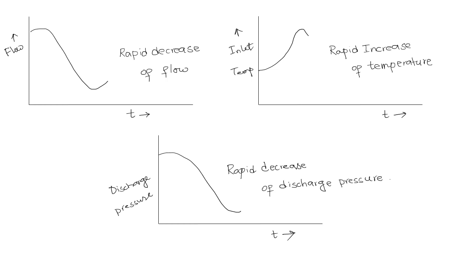As you can see in this chart, the surge can be detected by the surge detection system by the rapid decrease of the flow, which means if dF/dt is greater than a certain specified value, then it can signal surge, or there can be a rapid increase in the temperature, or a rapid decrease in the discharge pressure. All these things, individually or in combination, normally indicate a surge.